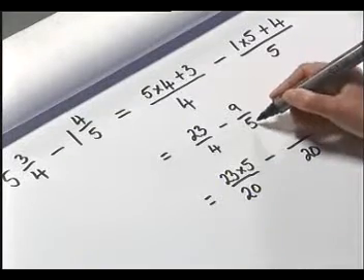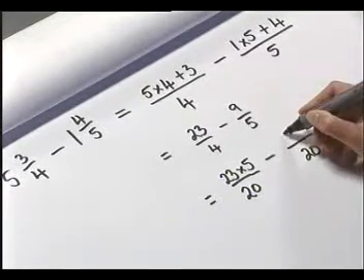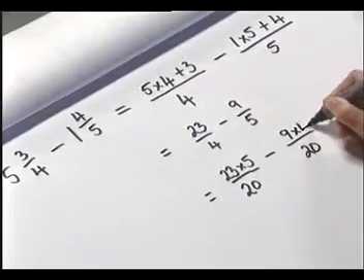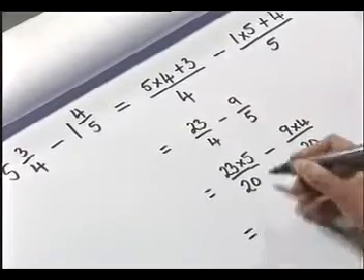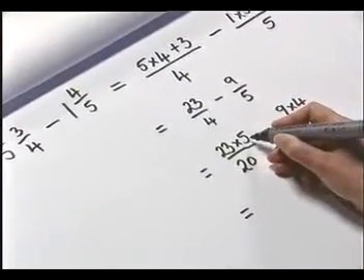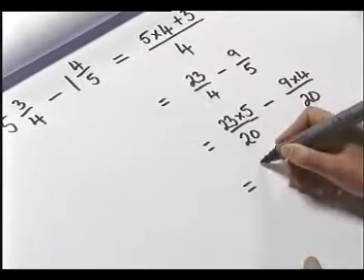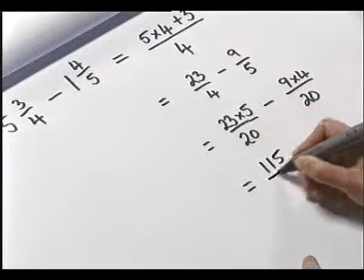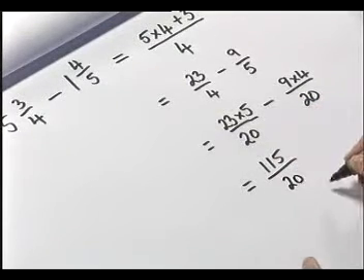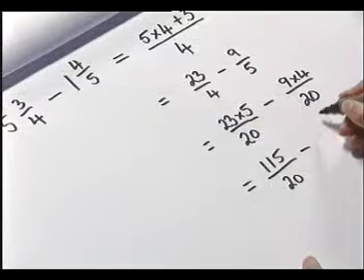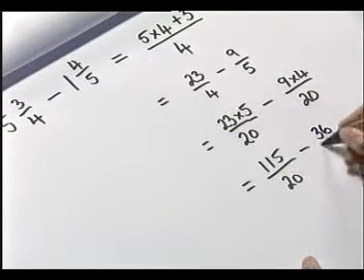What do we multiply 5 by to get 20? Well, that was 4, so 9 times 4. So 23 times 5, 5 20s are 100, 3 5s are 15, so that's 115 20ths. Take away 4 9s are 36 20ths.